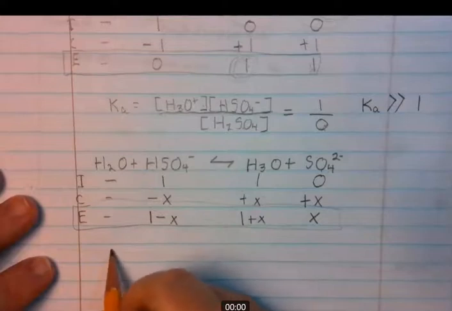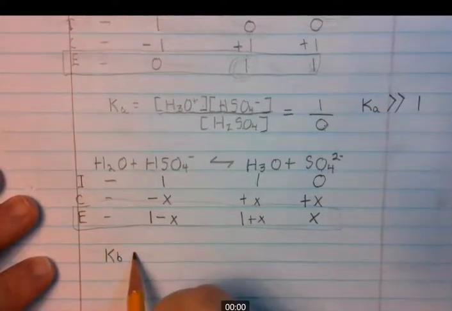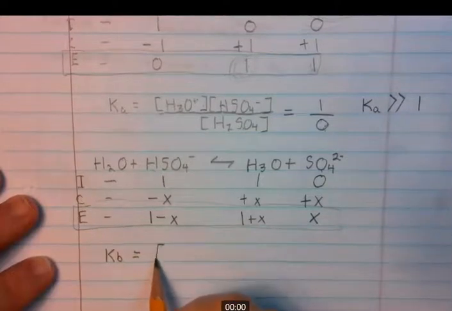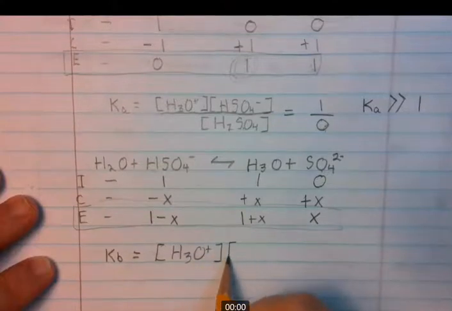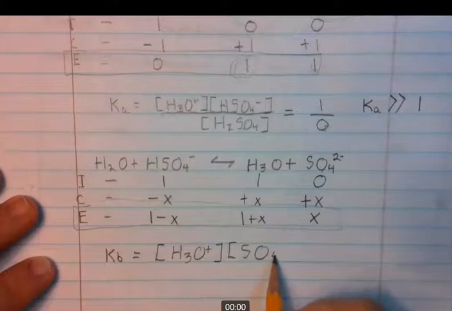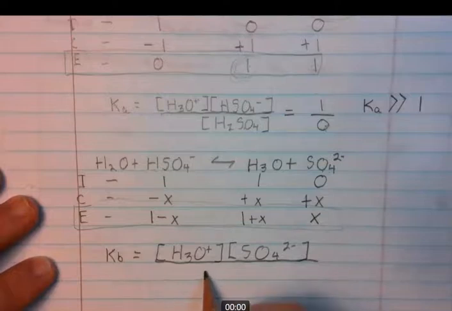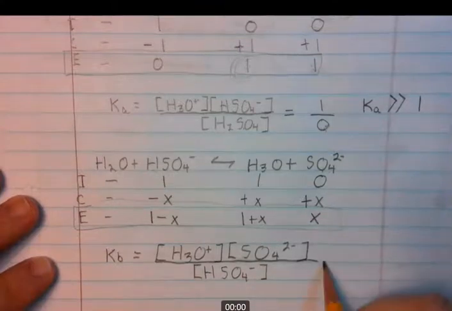So now we are going to write our equilibrium constant expression. And that's going to be H3O. All right, and we'll plug in our variables.